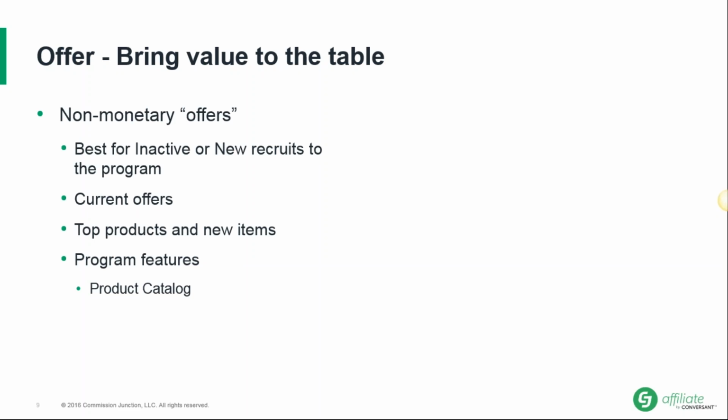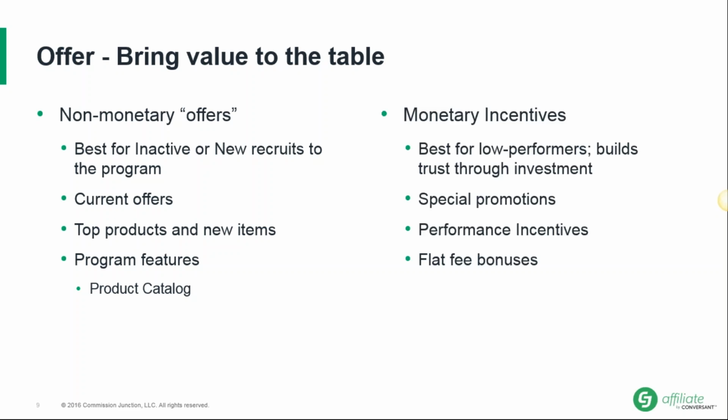And remember that if they joined the program at one point, for some reason, whether you pushed an offer and they accepted, or they applied and you accepted, they agreed with you that a successful relationship was possible. Remind them of that by highlighting current offers, top-performing products, and features like a product catalog. For publishers performing at a low level, these reminders can be helpful as well, but adding a monetary incentive is what's going to really get them going.